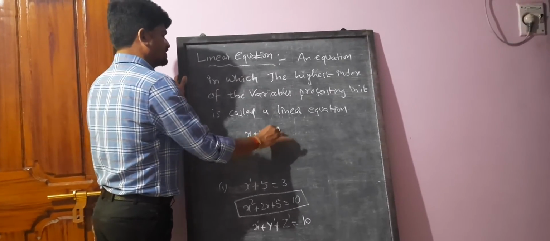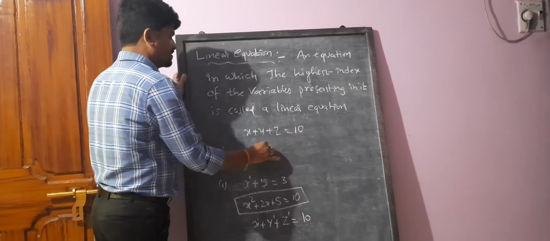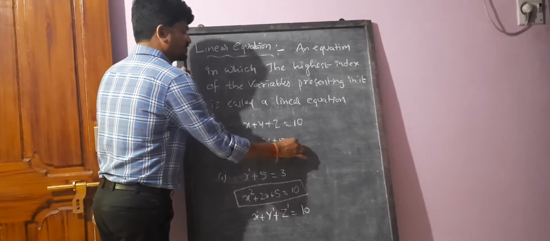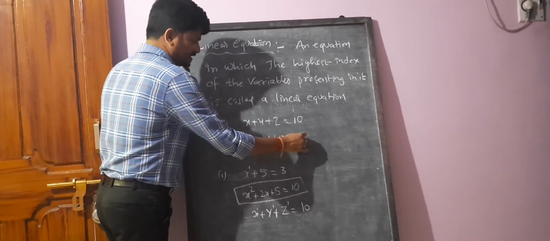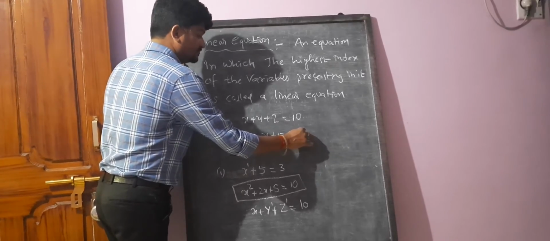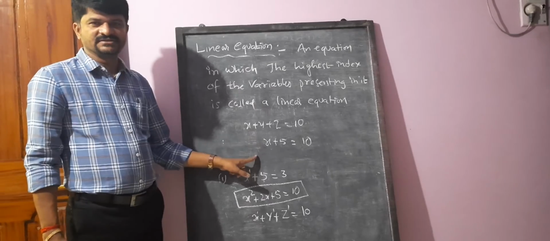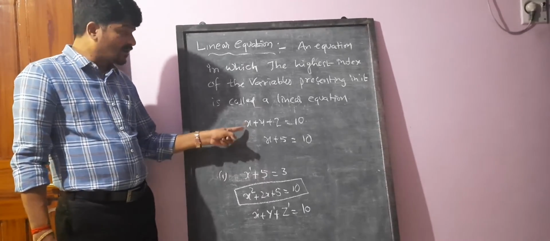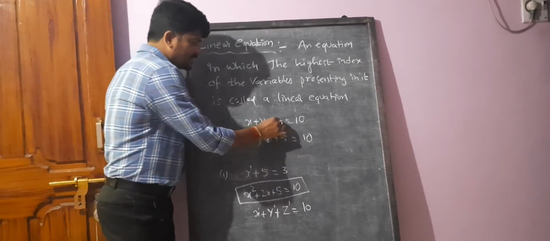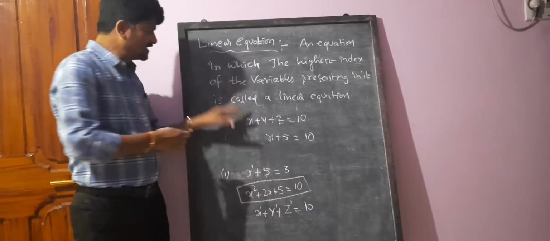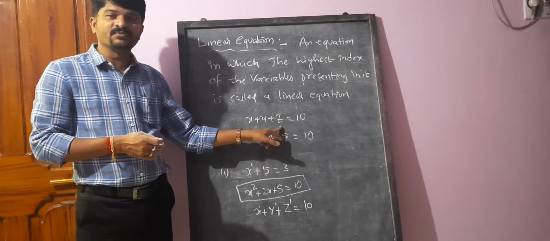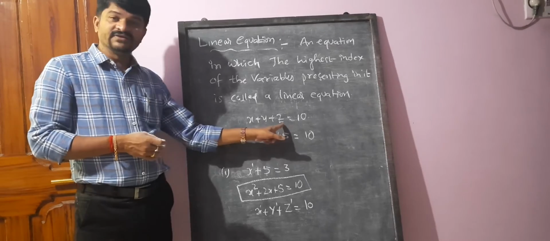Now I'll write some linear equations. x plus y plus z is equal to 10. x plus 5 is equal to 10. These two are linear equations. Clear, children? Now, if you observe these two equations, here the number of variables is more than 1, three variables here.